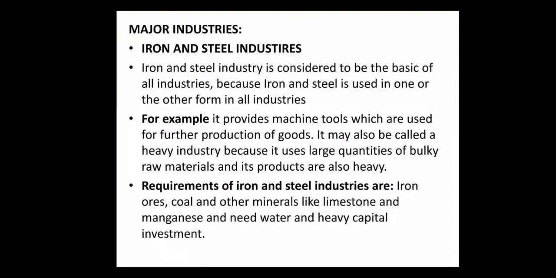In order to set up an iron and steel industry, the following are some of the requirements. First, we need iron ore, we need coal, and we need other minerals like limestone and manganese in order to produce alloy. We need water, and we need heavy capital investment, meaning money.